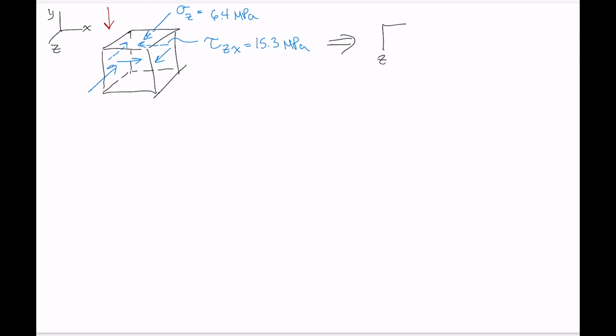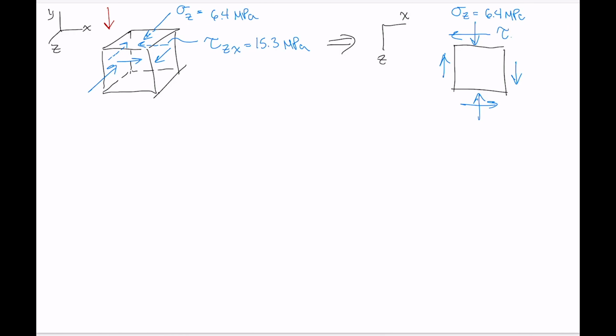In that orientation, my axes are like this. So I've got Z and X relative to my original, and my 2D in-plane representation of that 3D volumetric element is like this, where sigma z is 6.4 MPa, and tau zx is like that, and then we've got another one, another one, another one.